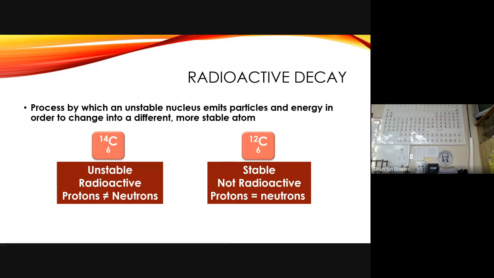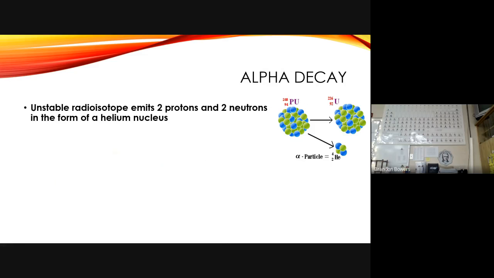All right. Now, there are 3. One is called an alpha decay. Now, an alpha decay, it's the strongest, but at the same time it's the weakest. How cool is that? So an unstable isotope emits 2 protons, 2 neutrons in the form of a helium nucleus.